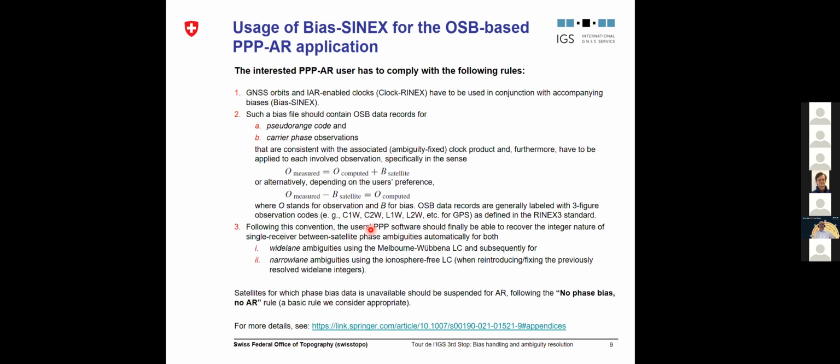This is a basic rule we consider appropriate, because it also allows the product providers to include systems where you do not have ambiguity resolution, for example GLONASS, so that this kind of observation still contributes to a PPP solution. For more details, you have a link here at the bottom of this slide.